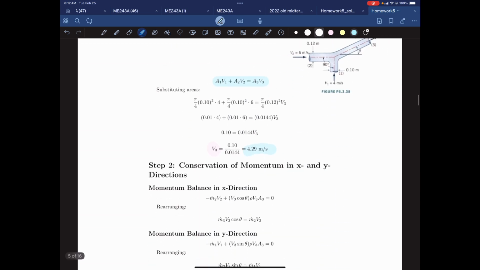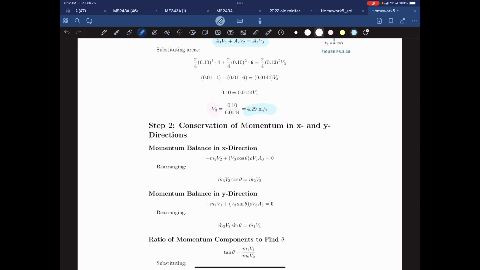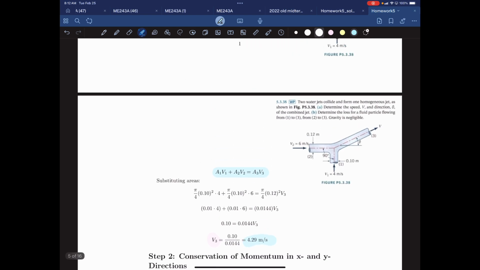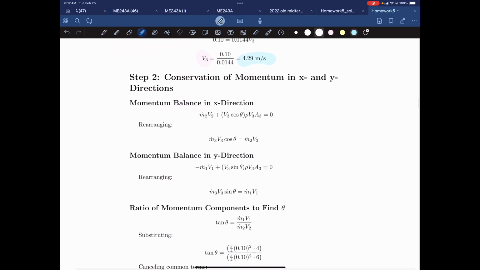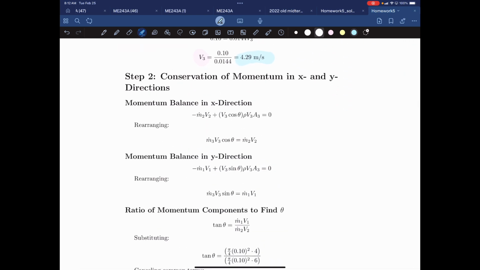Okay, so now that we've found V3, which was part of part A, we also still need to find the direction for part A of the combined jet. So now we have to do more conservation of momentum in X and Y directions.